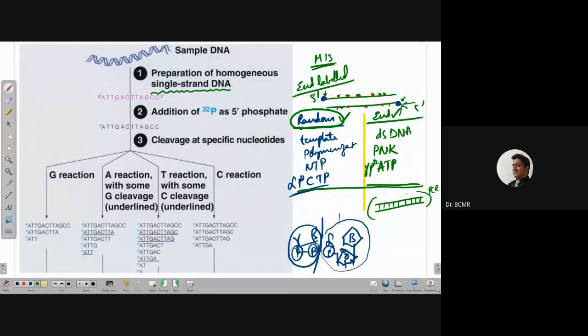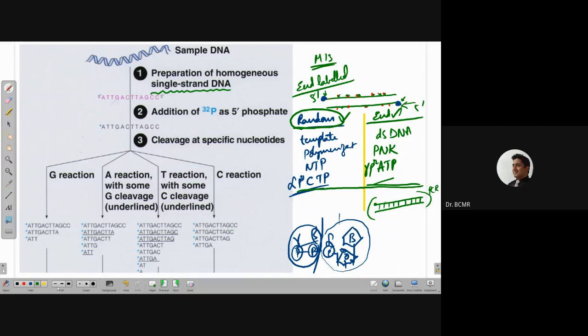We have to minimize radioactivity usage in our work, and exposure is not a great thing. So when we have too much sample, we employ end labeling. Okay, I hope you will remember these two things.